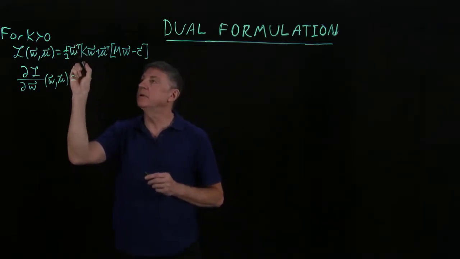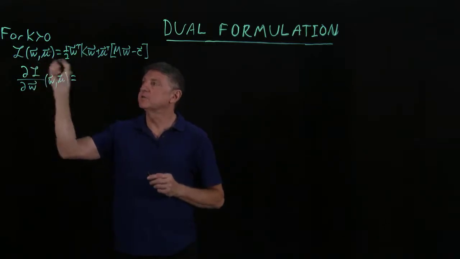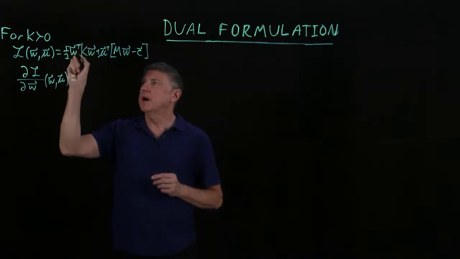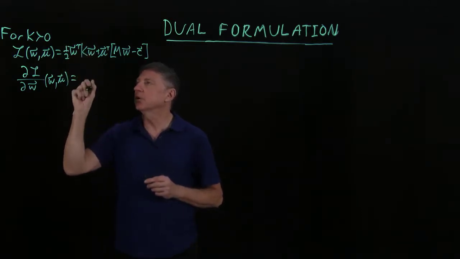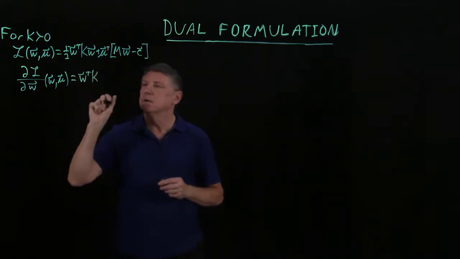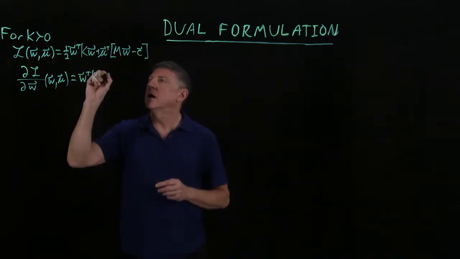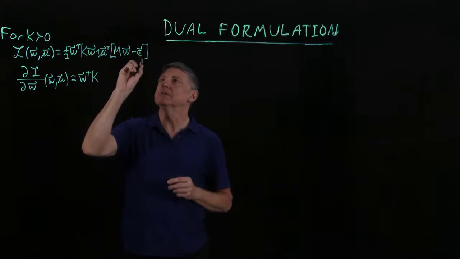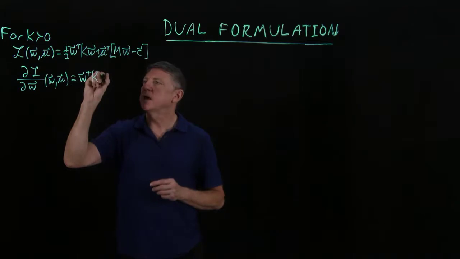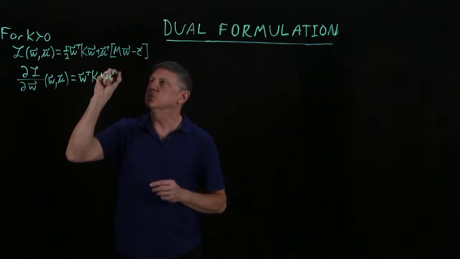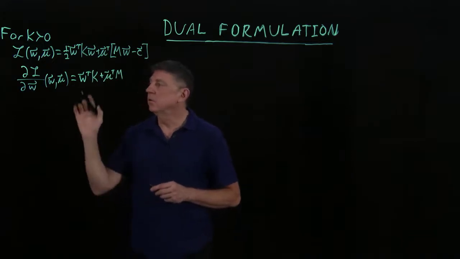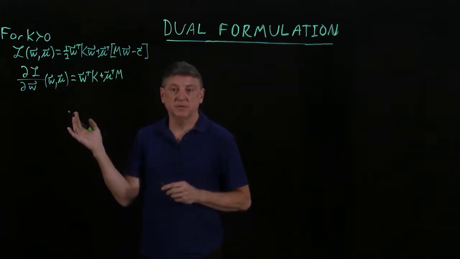The derivative of the Lagrange function with respect to W will be 2 times the term that precedes the vector argument, so that will be W transpose times the K matrix, and then that will disappear, and this will be mu transpose times M times W, so that will be plus mu transpose times M. So now what we do is we set it to 0.